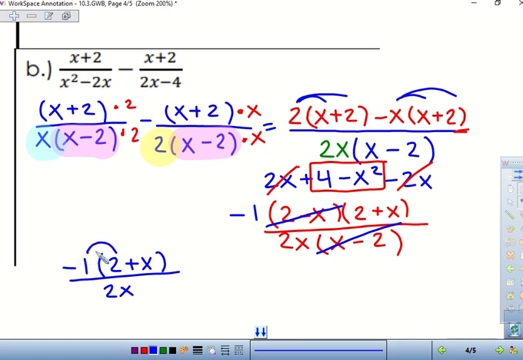So just be aware, this might be distributed out and written like this. Okay, you have to be able to recognize things in different formats because it may be distributed out like that. All right? Any questions about that? Okay. Next.